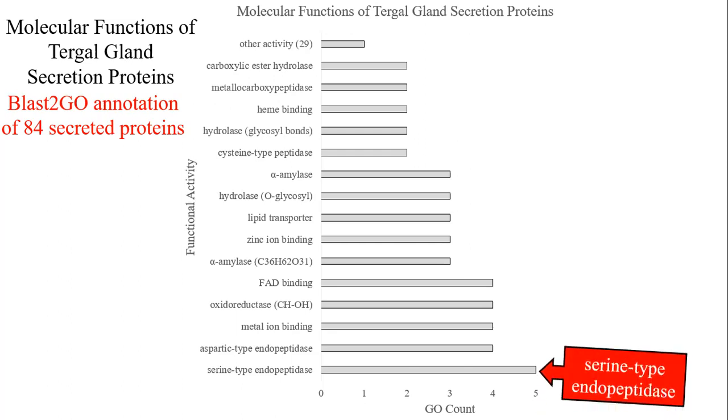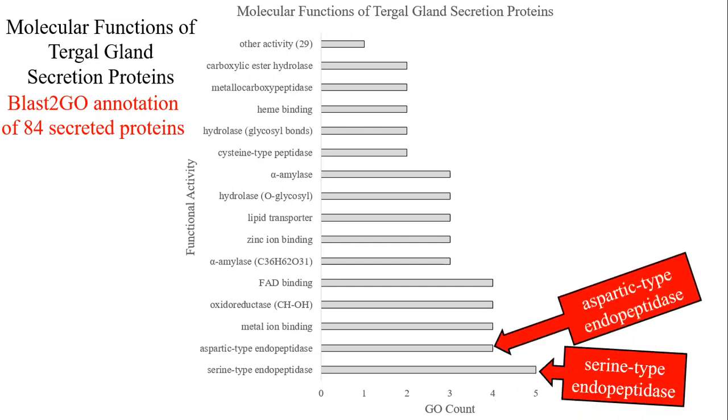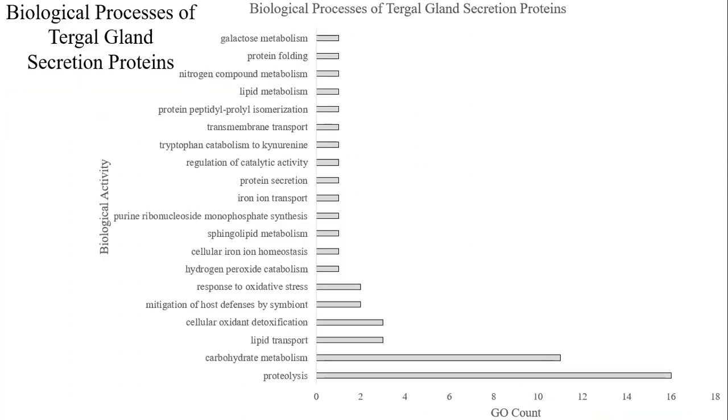Again, just to clarify, the serine type endopeptidase was the most popular group, and aspartic type endopeptidase was close, the second most popular. Here you can also see the biological processes of Tergal gland secretion proteins. This is a little different from the molecular functions because this gives you more of an overarching explanation of their function.